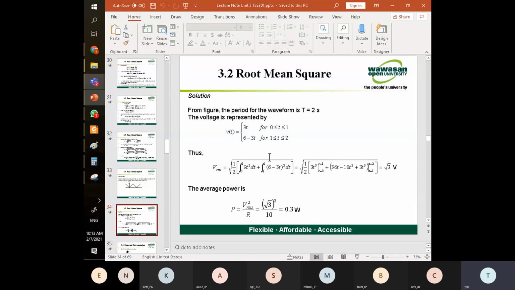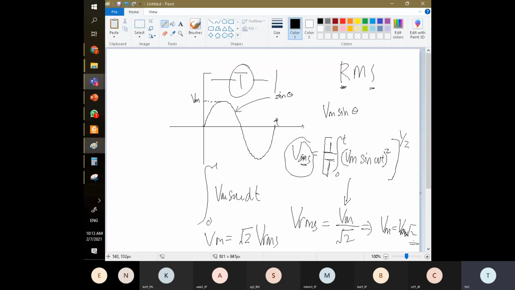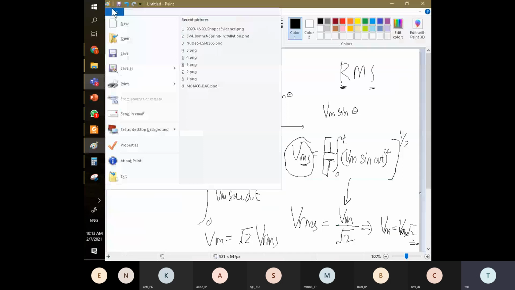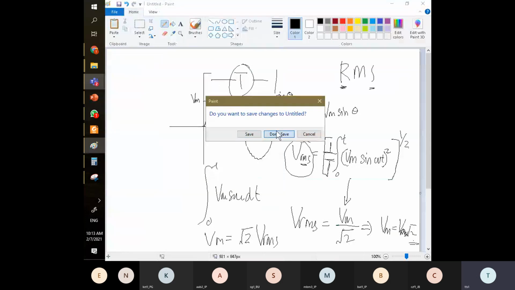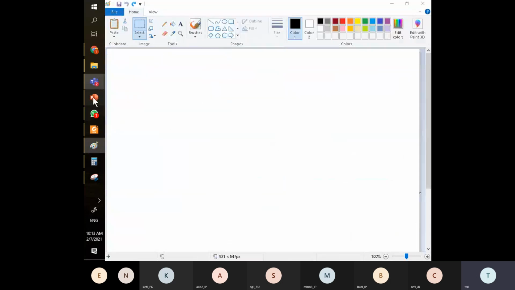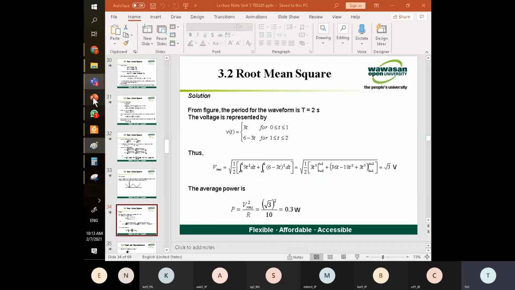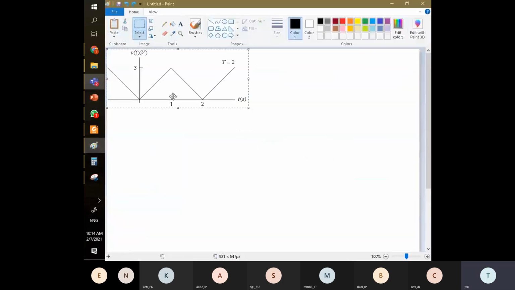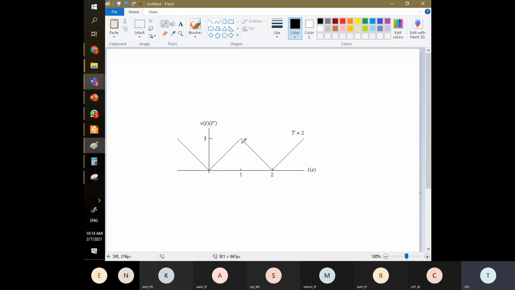So the rising is 3t. The rising here is quite straightforward. Usually the ascending one is easy to find out.